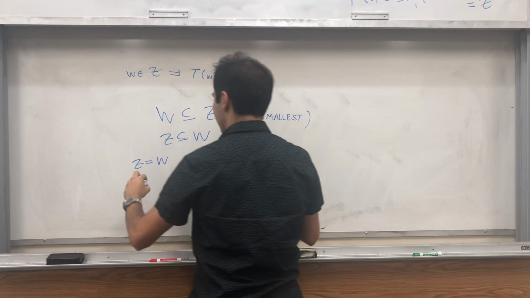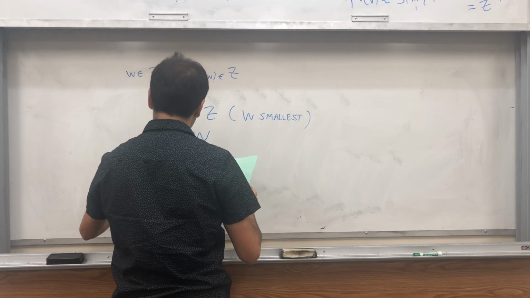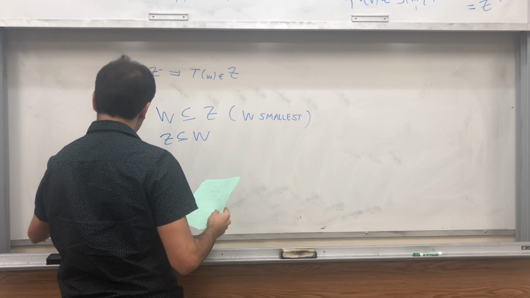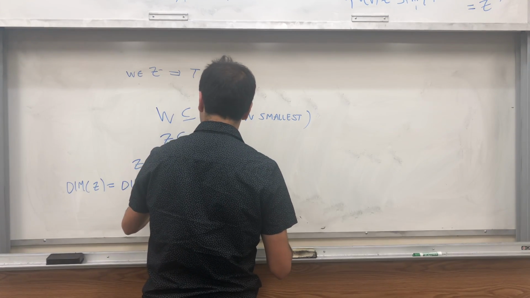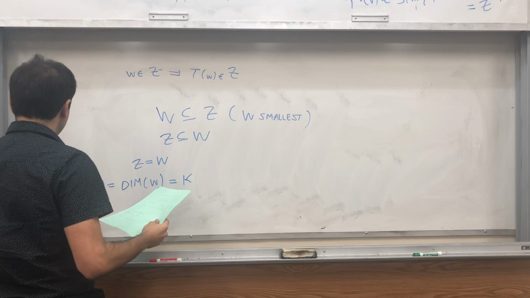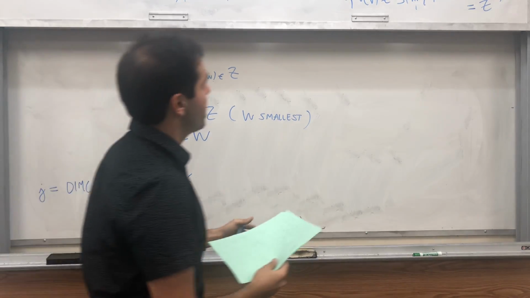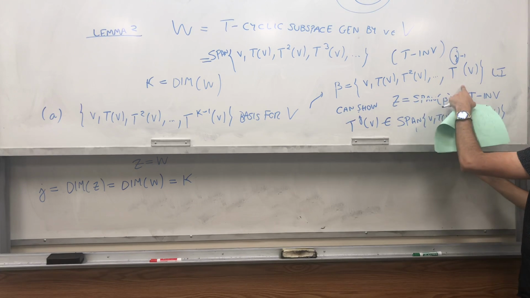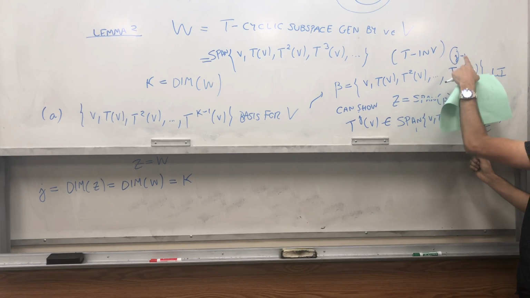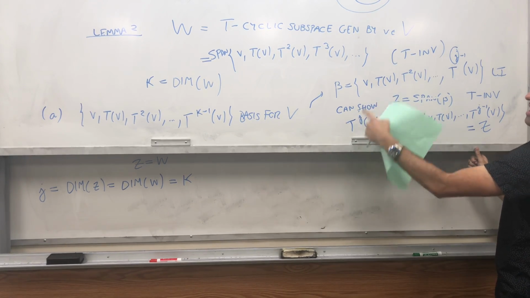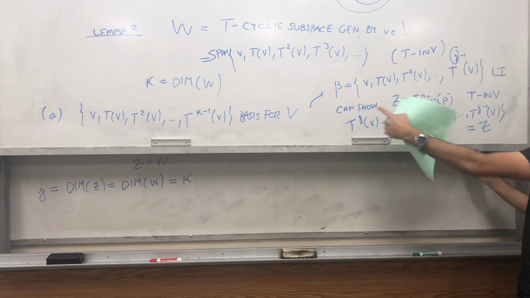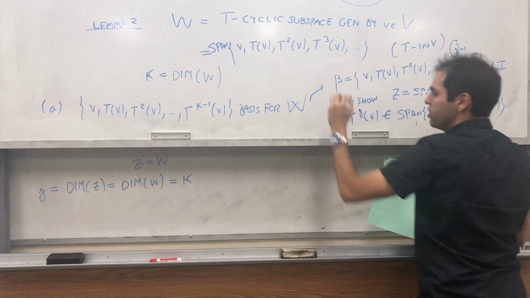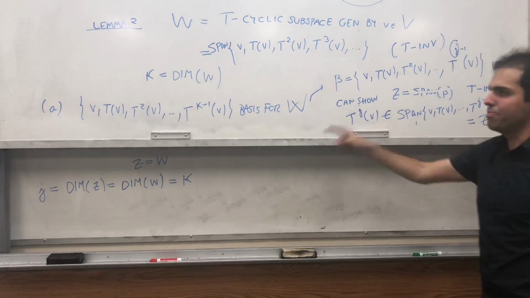So the dimension of Z is j, and the dimension of W is K. So j equals K, which tells us that this set up to T^(K-1) is linearly independent, and we've just shown it spans W, and therefore it's a basis.